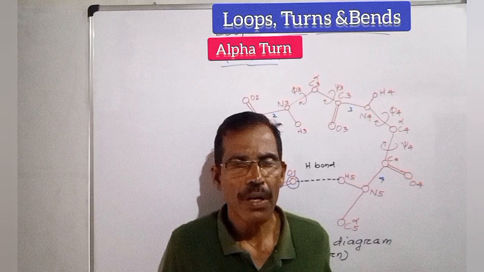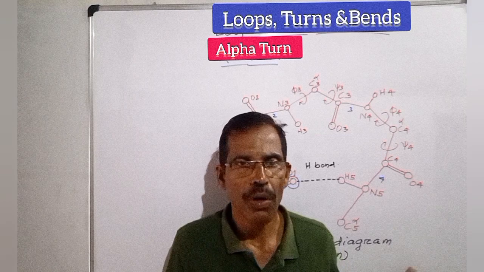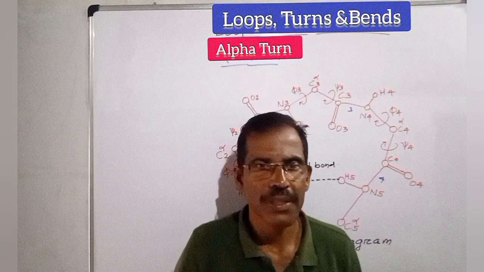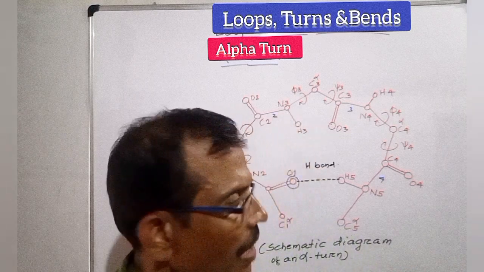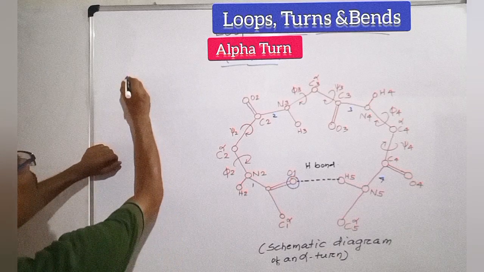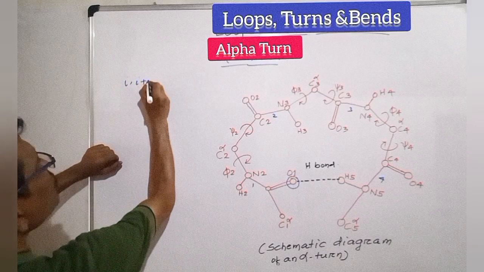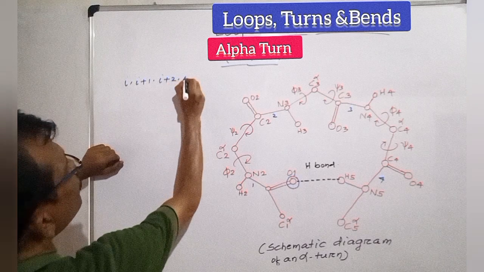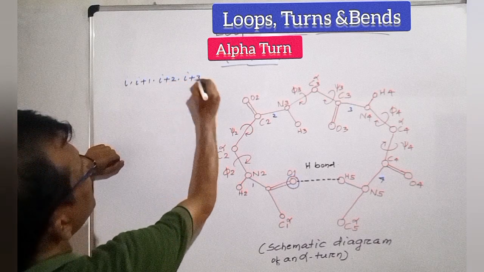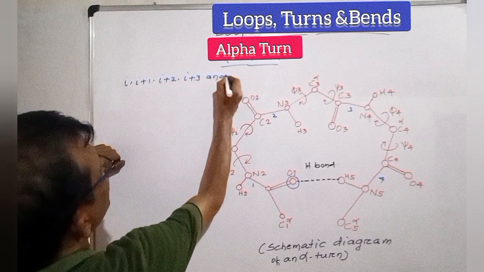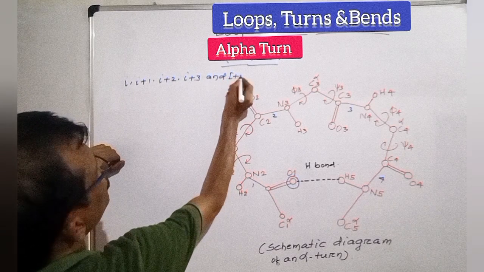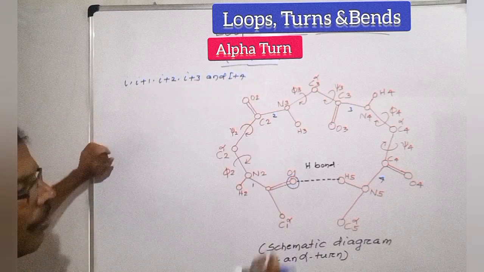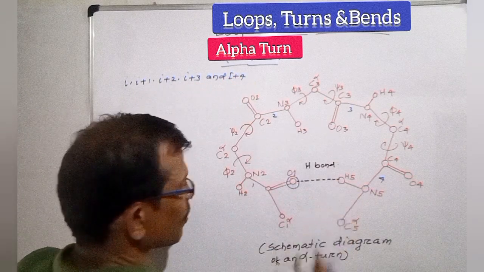An alpha turn is a tight turn involving 5 amino acids. The amino acids are designated as i+1, i+2, i+3 and i+4. So there are 5 amino acids in an alpha turn.